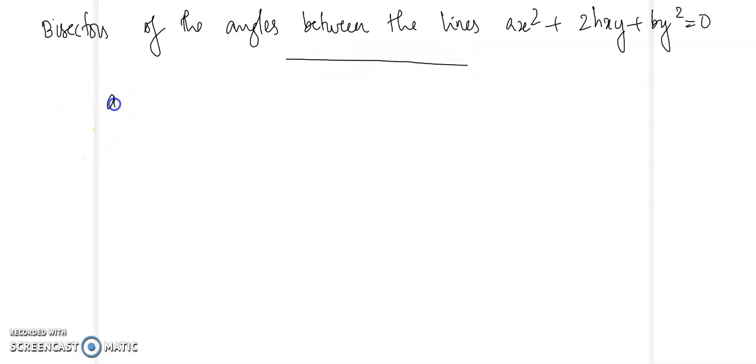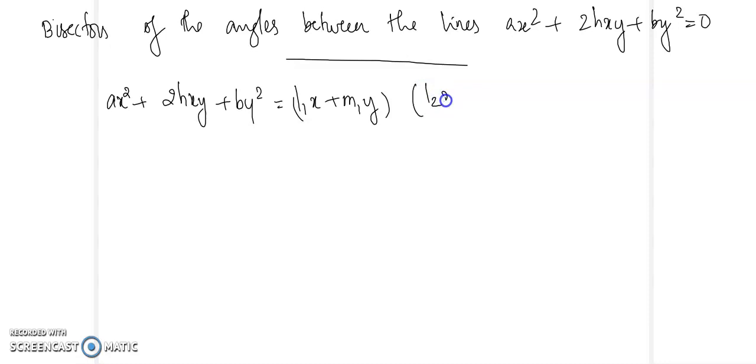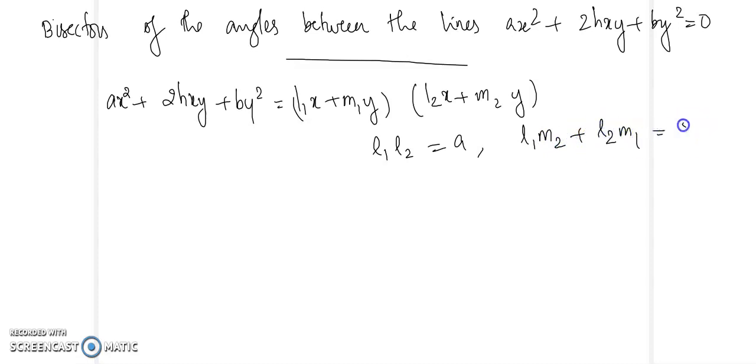And again let us take ax square plus 2hxy plus by square equal to L1x plus M1y into L2x plus M2y. Again comparing coefficients, L1 L2 will be a, L1 M2 plus L2 M1 will be equal to 2h, and M1 M2 will be equal to b.